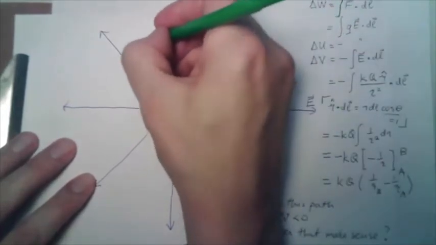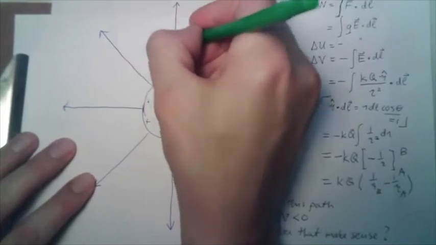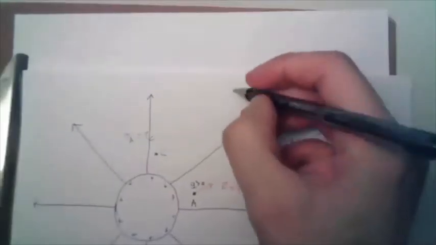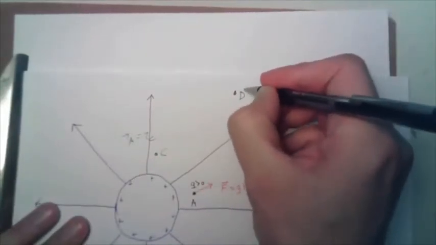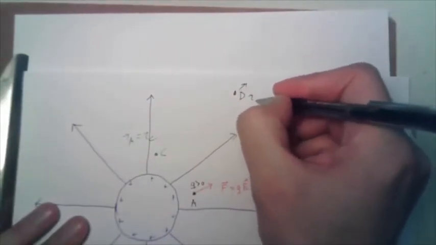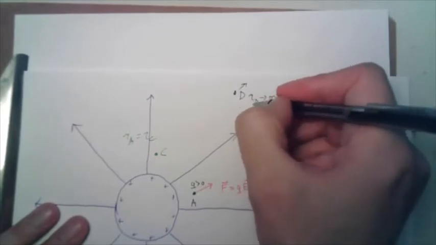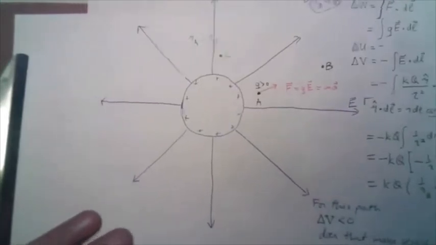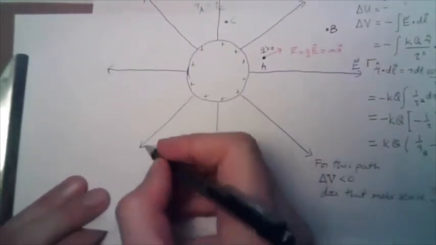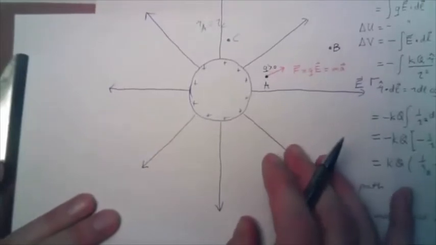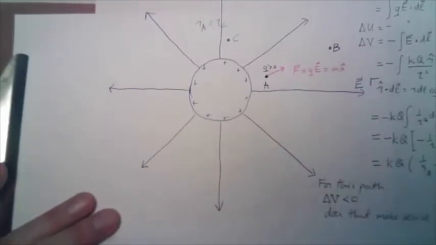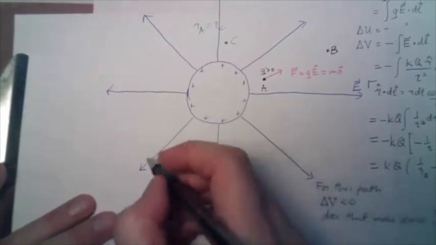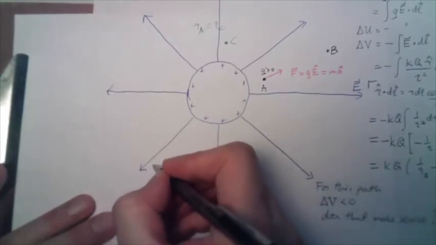So RA is RC. And now I'm also putting a point D out at R is infinity. And now I'm going to ask you to work out the potential difference for those four situations. So I'm going to write it down here, and then you can enter it.